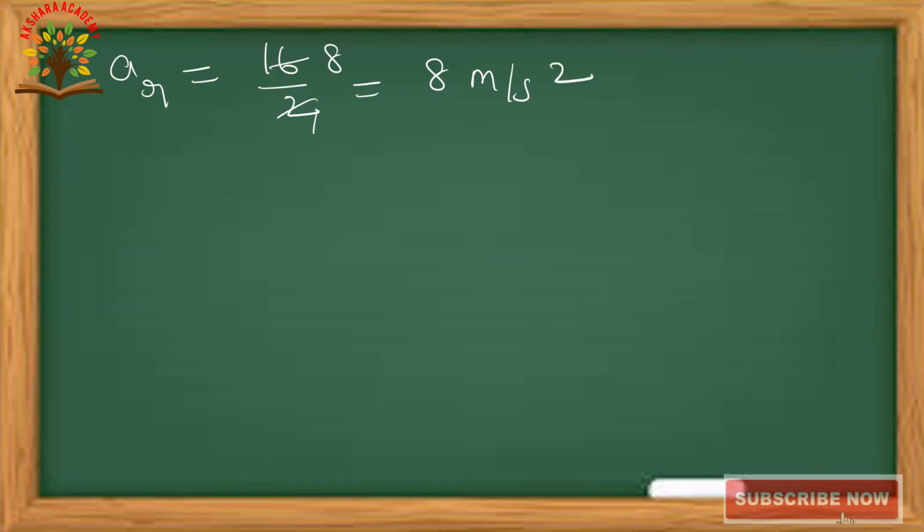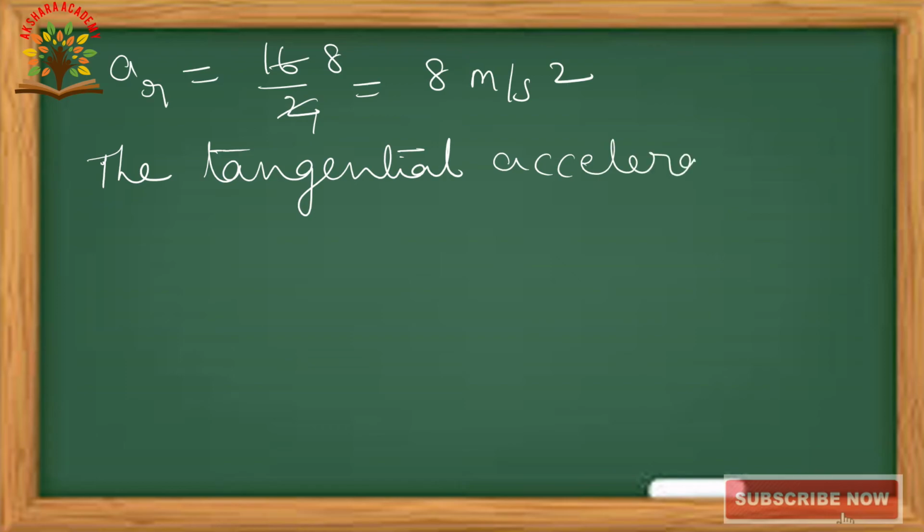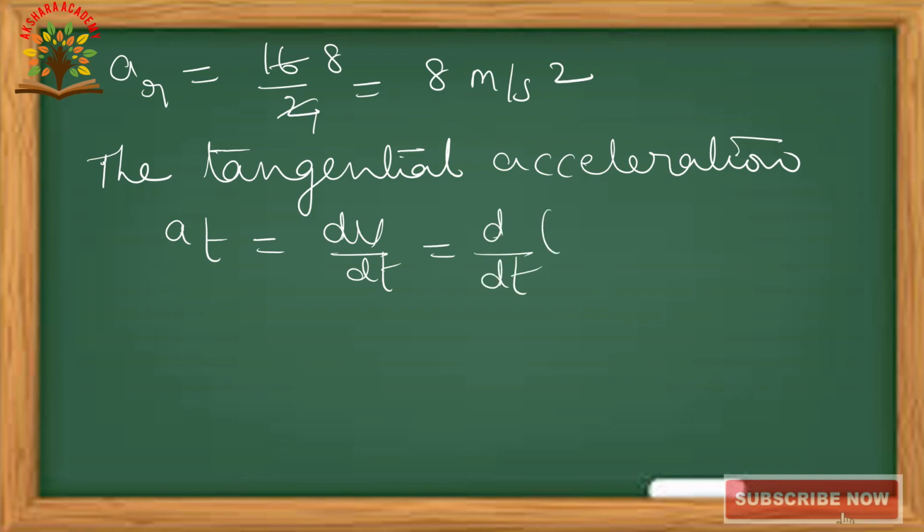And next we have to calculate the tangential acceleration. The tangential acceleration AT is equal to dv by dt, that is d by dt of v, which is given as t square. It is in the form d by dx of x power n.